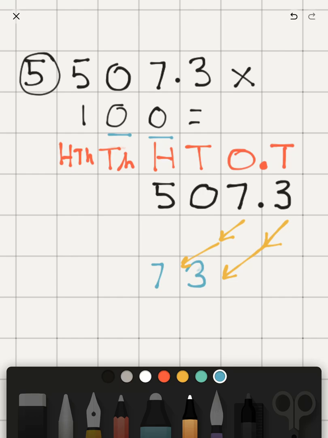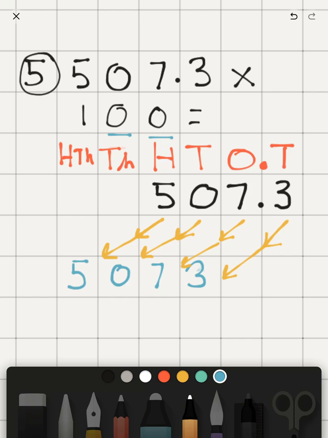Okay, and then we are going to be moving our 0. 0 doesn't just move to the hundreds, it moves all the way along to the thousands. And then finally our 5 doesn't just move to the thousands, it moves one step further, one bigger than 1,000, which is our 100,000s. So our 5 is going to move there.